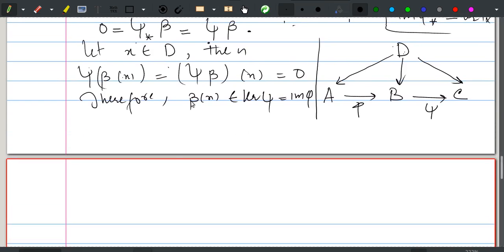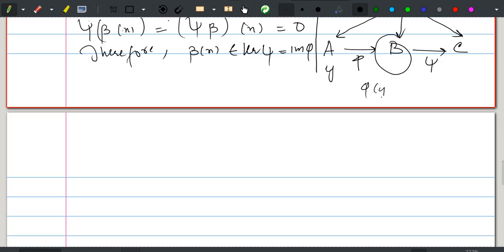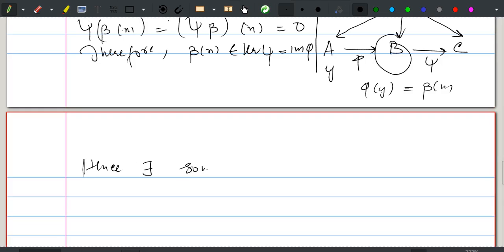If beta x is in image of phi, which is here in B, that means there is some element, say y in A, such that phi of y is that element, i.e. beta of x, because beta of x is in image of phi. So hence there exists some y in A such that phi of y is beta of x.